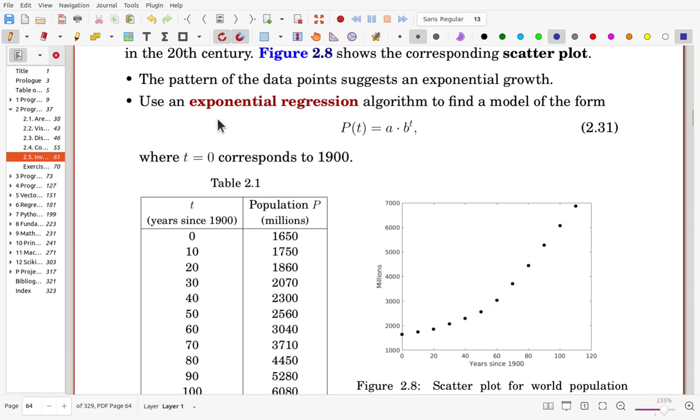That is the subject of exponential regression: to find a model of the form P equals a times b to the t. For this problem, we have to find a and b, where t is time, corresponding to 1900.